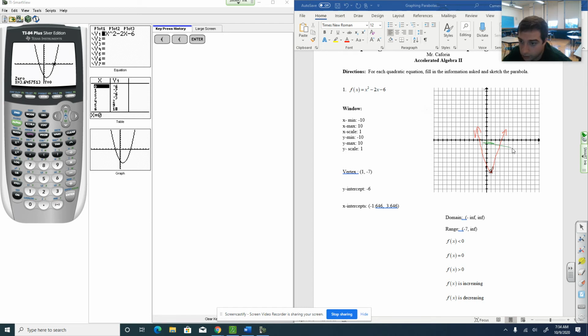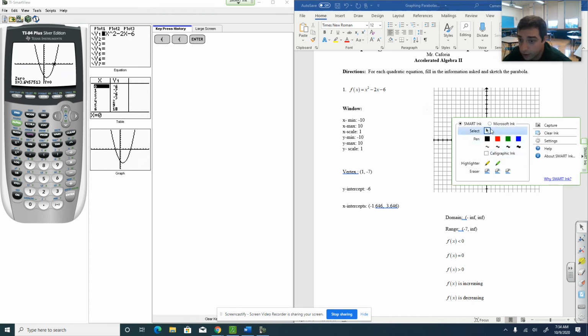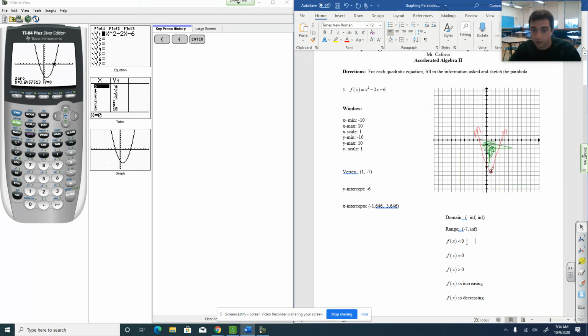So in between our x-intercepts, it's going to be from -1.646 to 3.646.